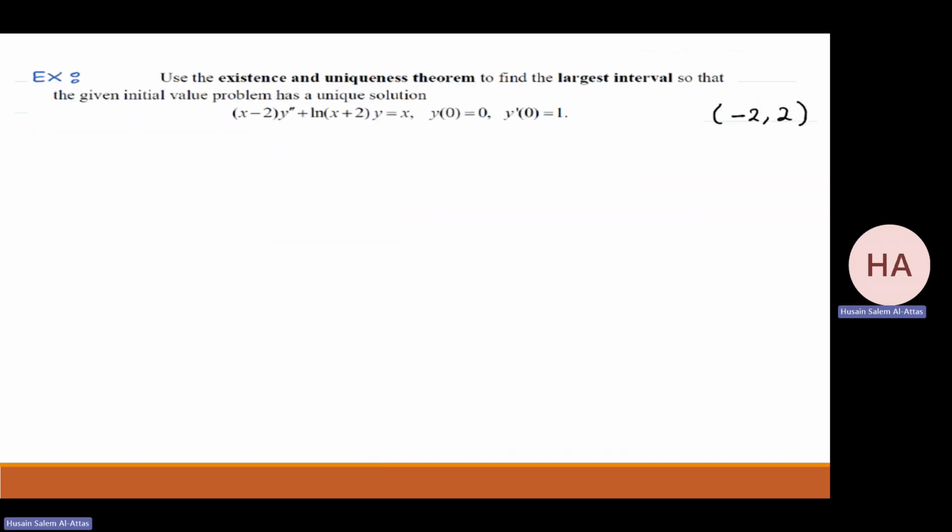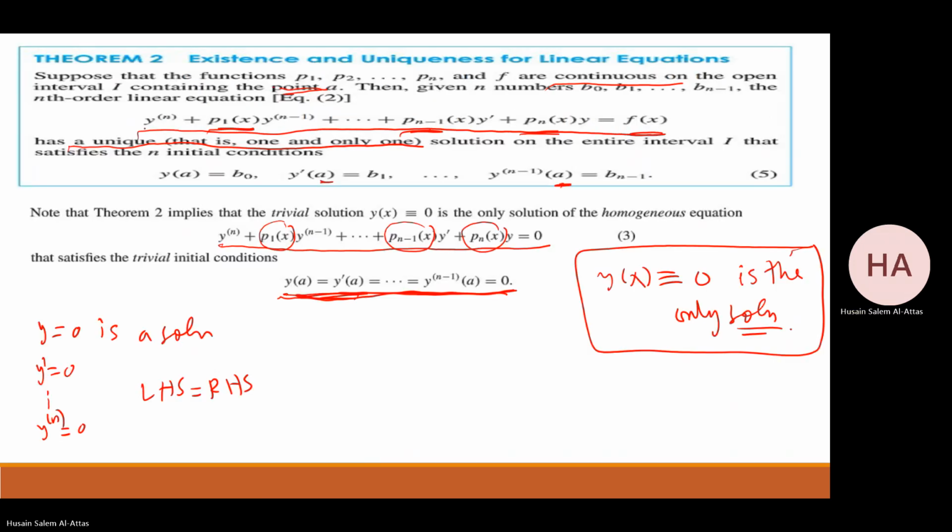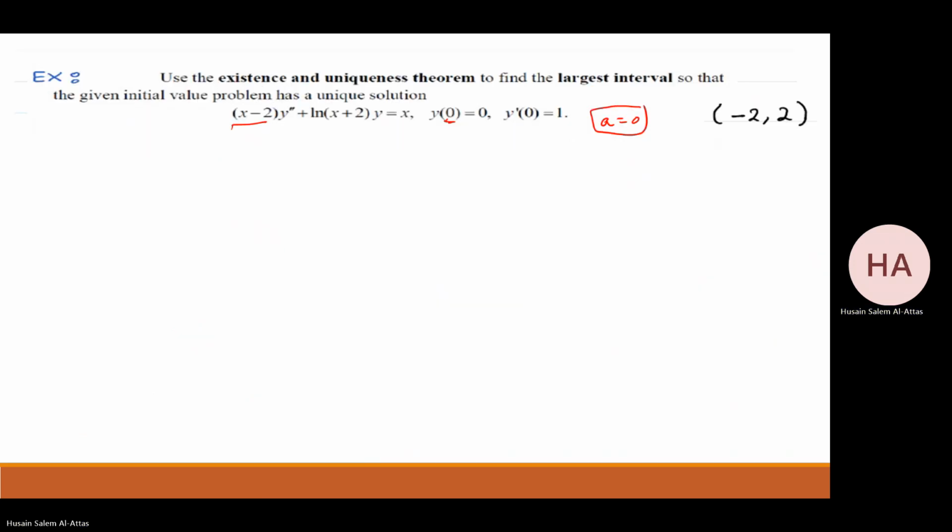Now we have to use the existence and uniqueness theorem to find the largest interval so that the given initial value problem has a unique solution. So what's my A? A is 0. This is important. And also I need to rewrite this equation in this form, so the coefficient of the highest derivative should be 1.